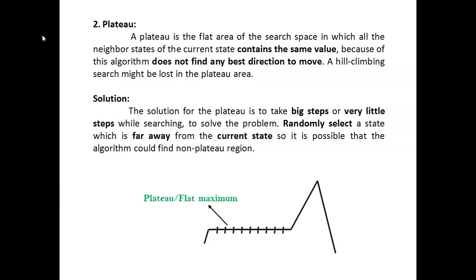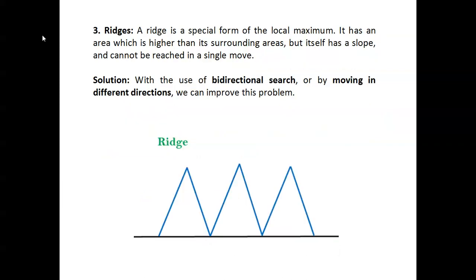The solution: we have to take a big step instead of a very little step, randomly selecting a state far away, and then move from the current state to the next state. This way the algorithm can get past the plateau region if possible.